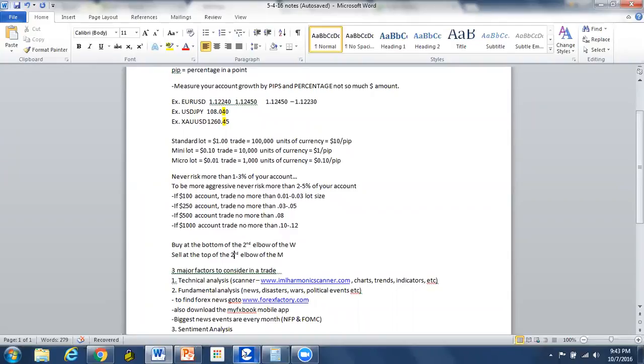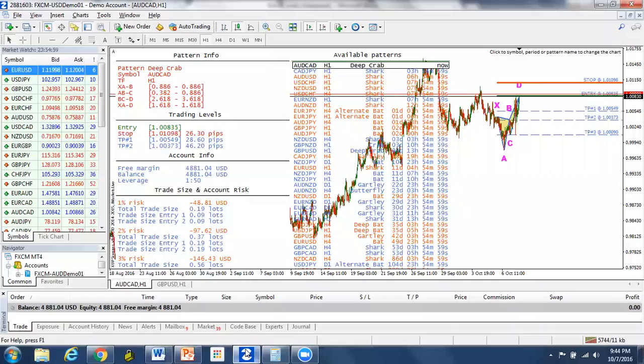Now, let me see here. I know there's something else I meant to go over. Does anybody have any questions before I move on about what I shared thus far? This is very simple stuff, but I understand this is like a foreign language to a lot of people.